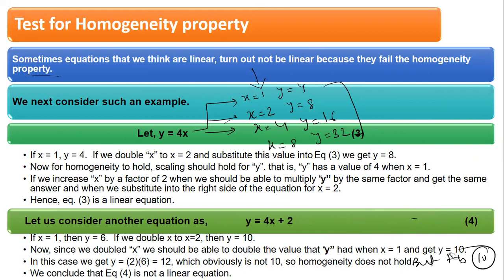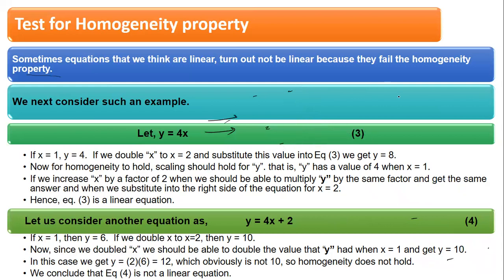But in this case, guys, in the second equation, which is the equation of a line, let us draw a table here. Let us write x and y. If x is 1, y is equal to 6.